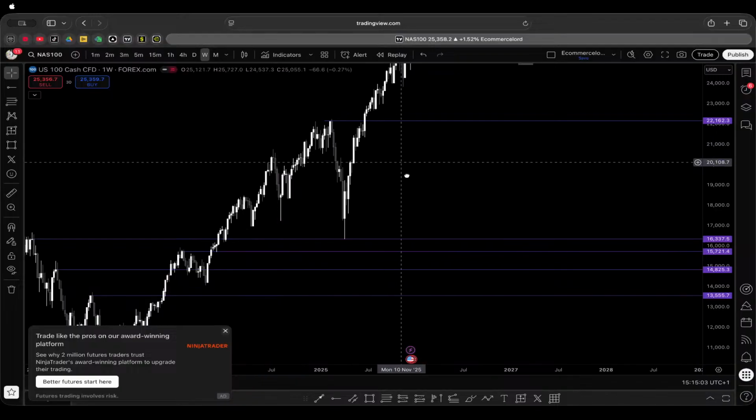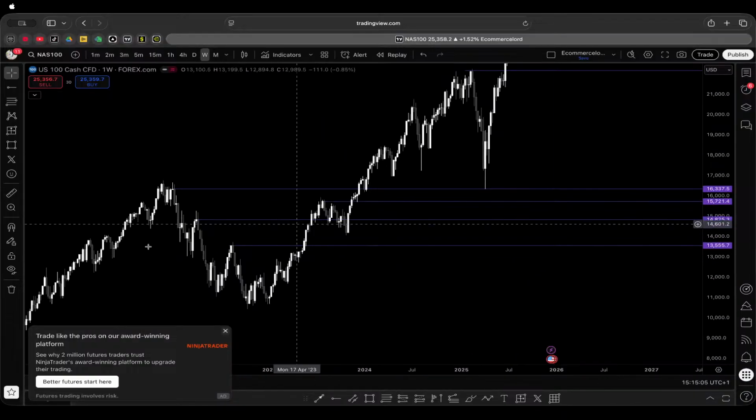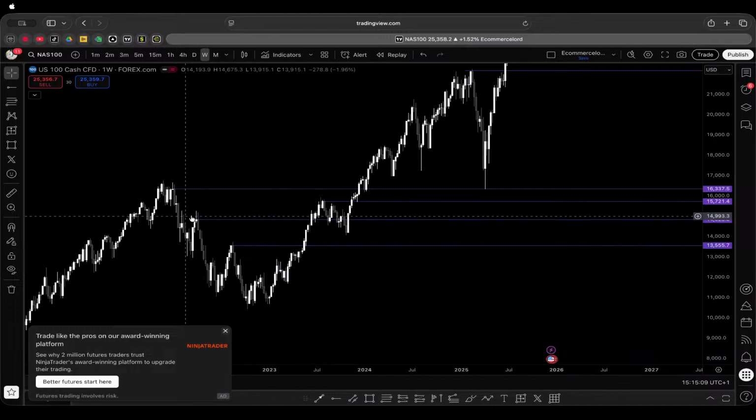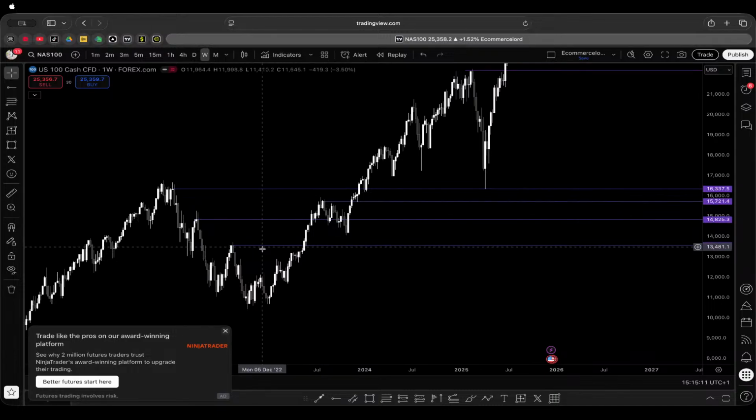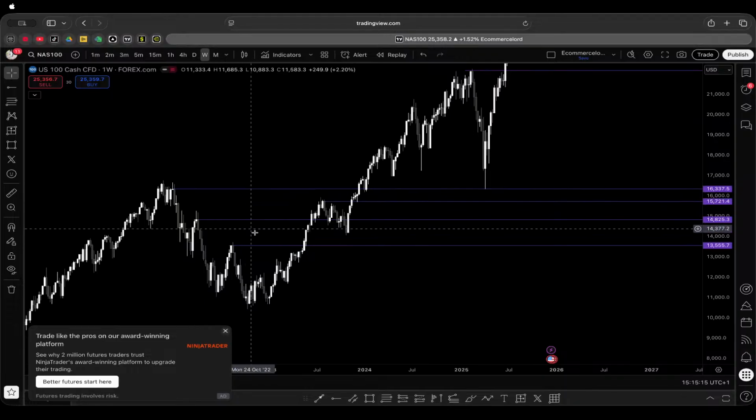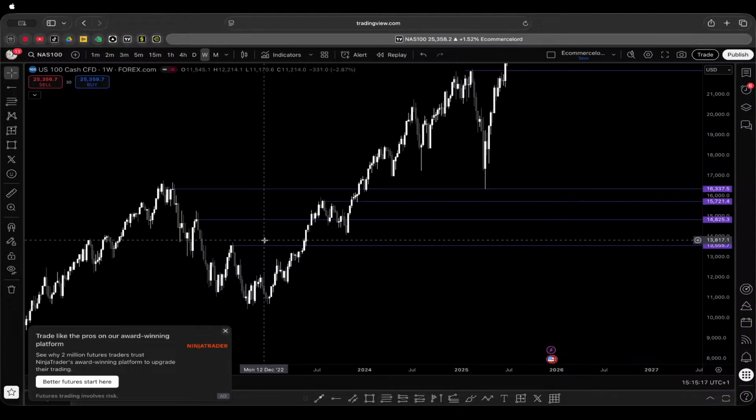So as you can see, reaction to this, not so much. They were all inside of it, so no major reaction. But then there is something called resistance or support flip. When a resistance zone fails and price goes above it, and as I explained before, mainly a downtrend and an uptrend is like a retracement.